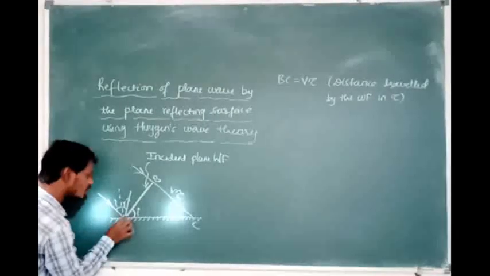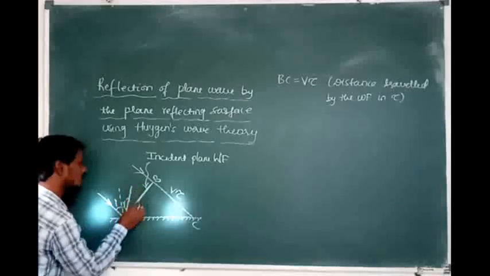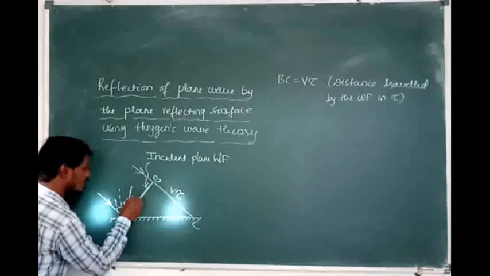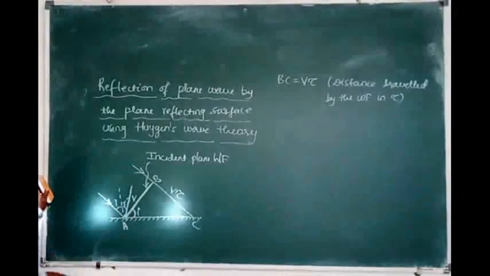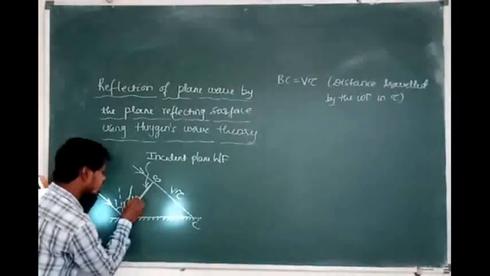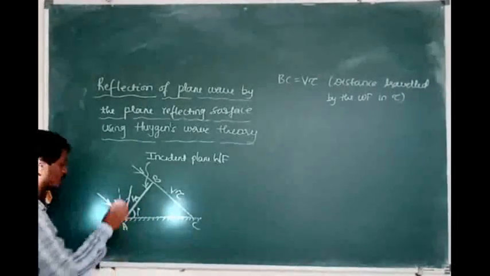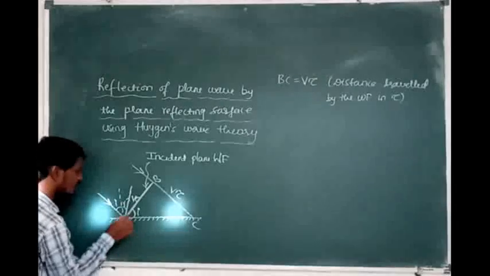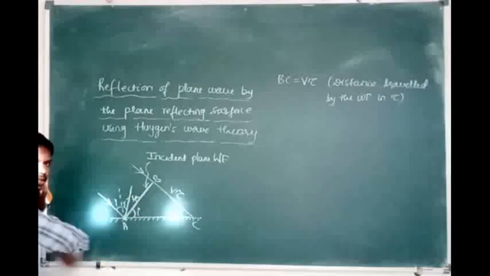In the same time, the secondary wavelet at A undergoes reflection and travels the distance that is also v into tau, because the incident ray and reflected ray are both in the same medium. Taking A as the center and v into tau as the radius, I will draw the sphere.